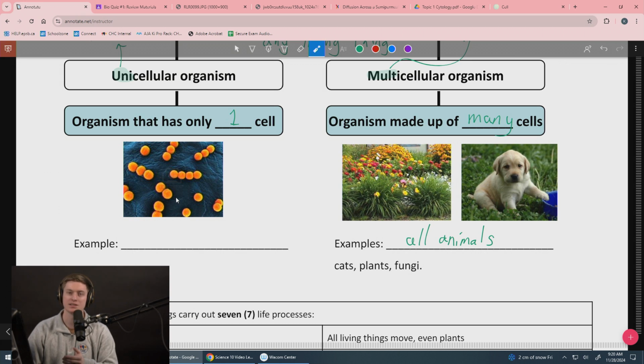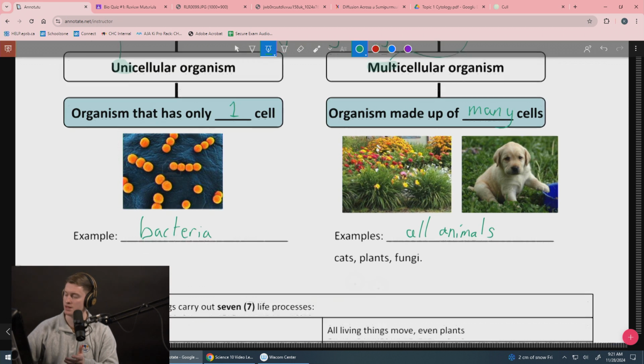You're not going to just see a picture like this by staring at your counter or staring at your skin trying to see bacteria. These are very small. But bacteria are a great example of unicellular organisms. There are also some unicellular eukaryotes called protists, but we might get into that later on.